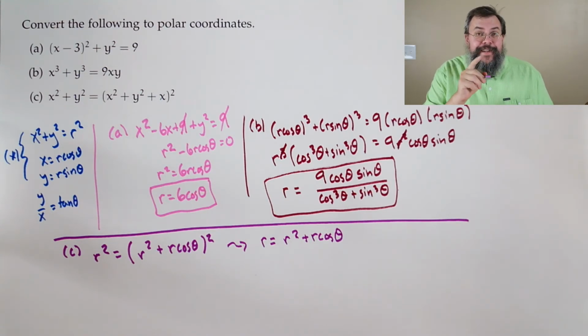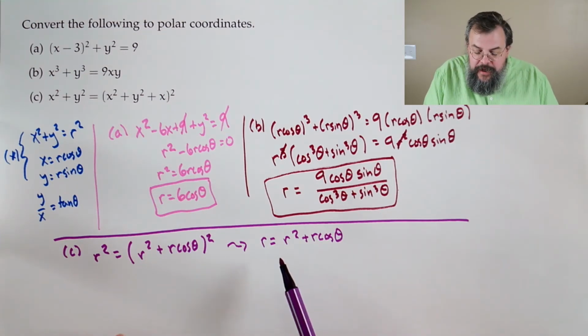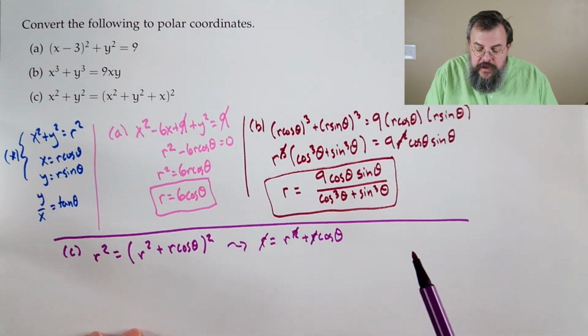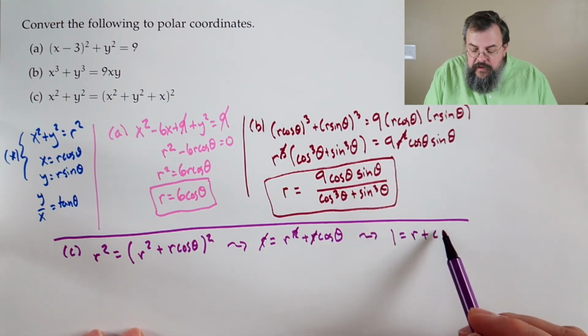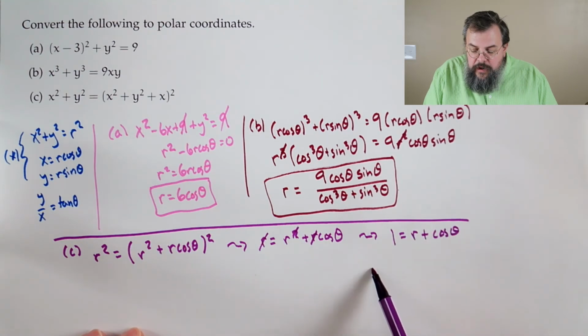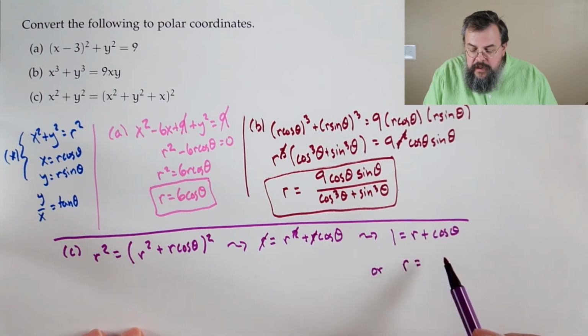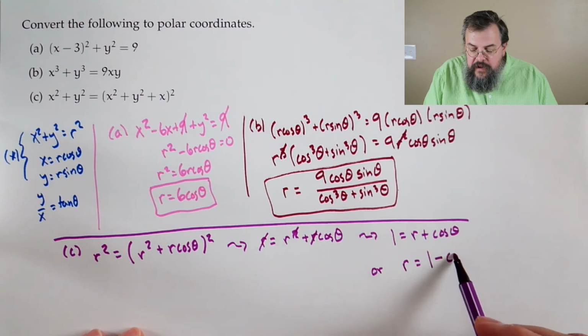We're okay. It's a different story, but we're okay. Just bear with me, and let's just assume that we can do it for now. And what can you do? Well, everything has an r. Divide out. Great. Beautiful. So we have 1 equals r plus cosine theta, or r is 1 minus cosine theta.